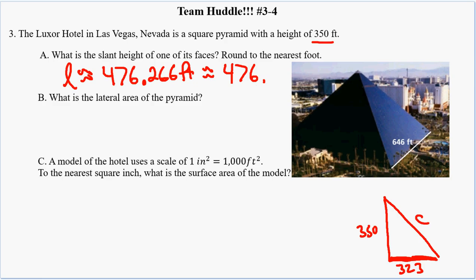All right. Now in the next one it says lateral area of the pyramid. Remember, lateral area just excludes the base. So we don't want to worry about the base at all. So the lateral area of the pyramid is just going to be our 4 triangles. So we have 4, and then area of each is going to be 1/2.